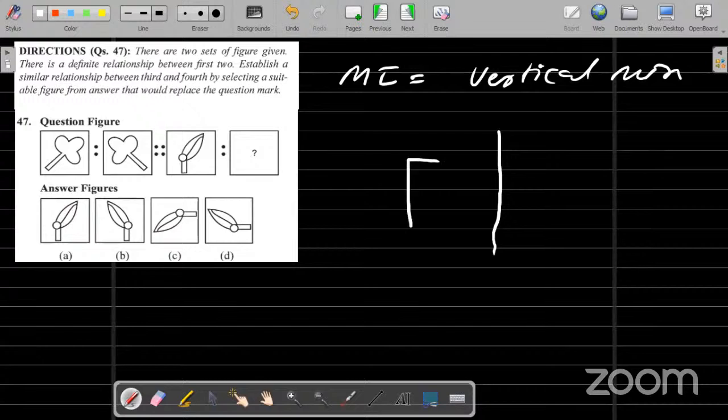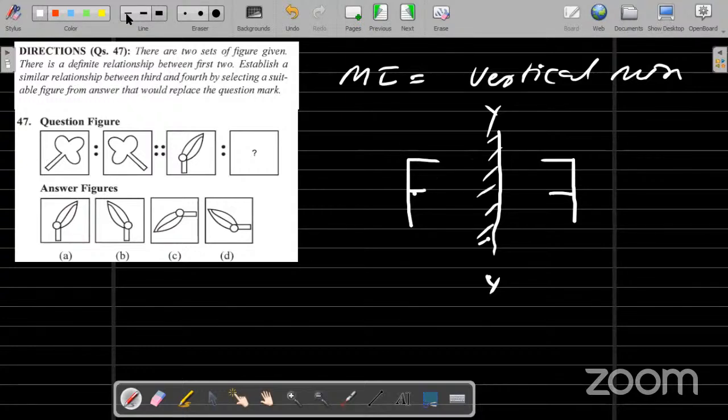I have something like this. Then this is a mirror. On the mirror, what happens is the entire diagram will be rotated about the y-axis by 180 degrees. This is the y-axis. The mirror is acting like a y-axis. The entire diagram will be rotated by 180 degrees about the y-axis.